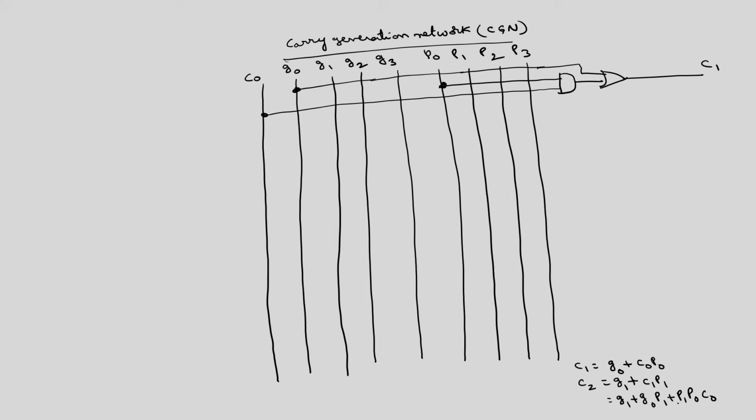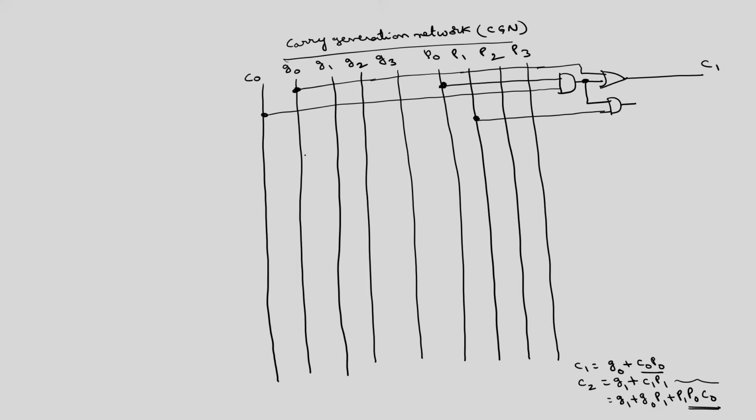We have C1 P1 from the previous one, and the C naught P naught term is already there. So, we can take that term, P naught C naught, and AND it with P1, so that this entire term is generated.